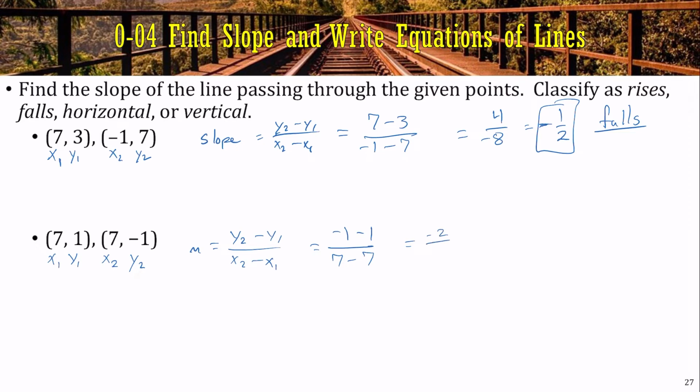It gets me negative 2 over 0. Now remember, you can't divide by 0. You say it's undefined, or you say there is no slope. No slope and the slope being 0 are different. 0 slope is horizontal. No slope is vertical. This is vertical.